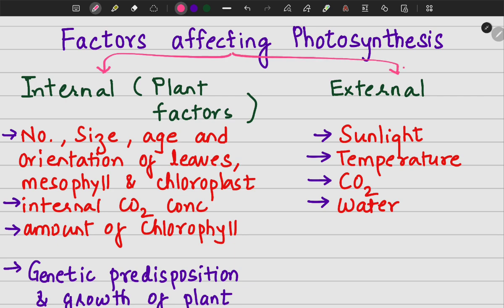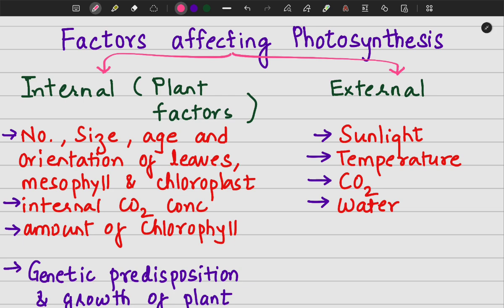So internal factors or the plant factors are the factors that are the characteristics of the plant itself, like the number, size, age and orientation of the leaves, mesophyll and the chloroplast. So the more amount of leaves and the larger the leaves, that means the larger the rate of photosynthesis.